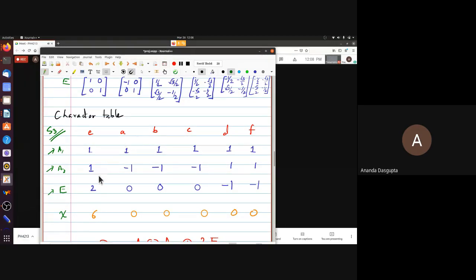So these are the characters corresponding to the group elements. And of course, as you know, A, B, C, the three reflections are in the same class, so they all will definitely have the same character. D, F will also have the same character. E always has a character, is in a class by its own, and these are the characters that you get.